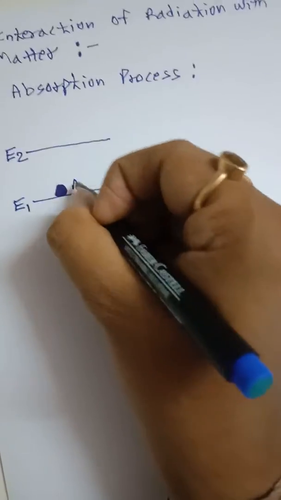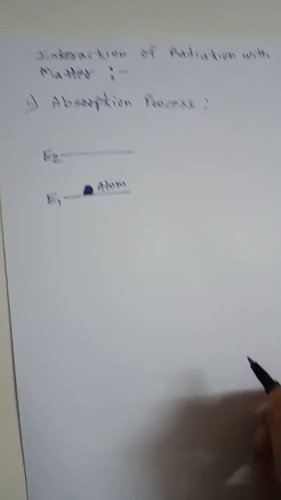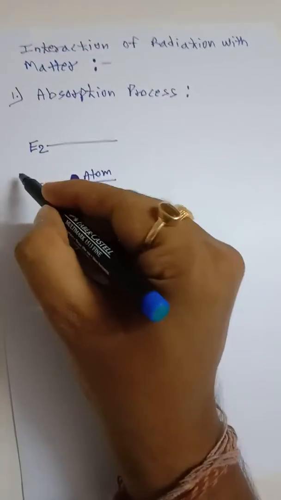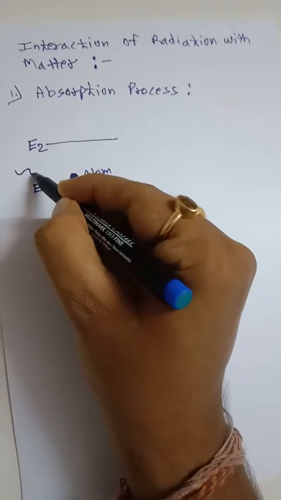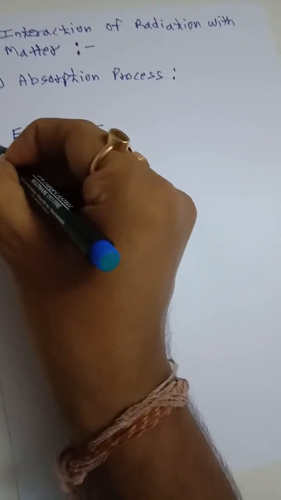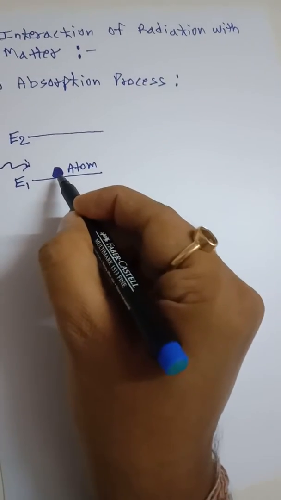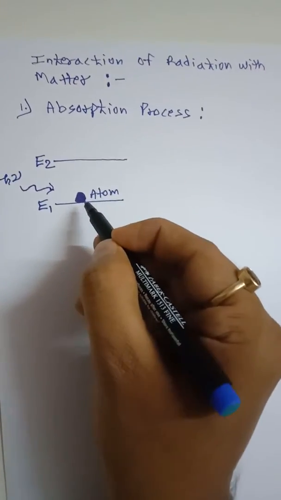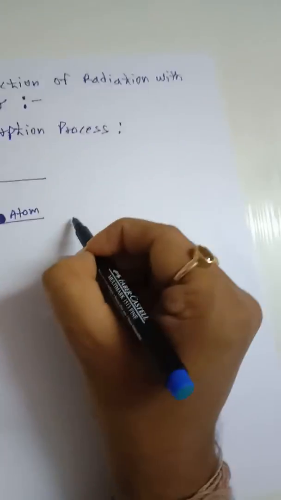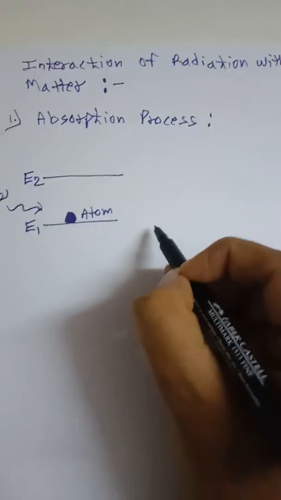And what happens on this atom? Some external photon having energy h nu will be incident on this atom. This atom will then be excited to the higher energy level.